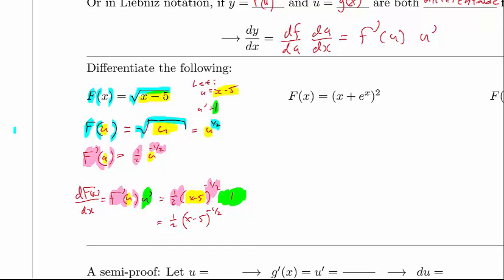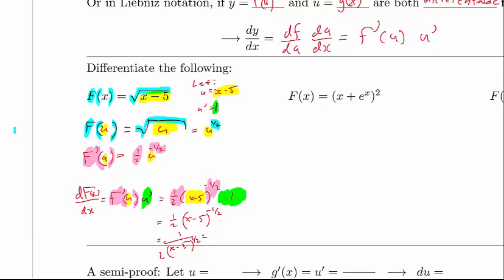Another way to write this, if you're so inclined, this is a perfectly acceptable way to leave it, by the way, but the negative exponent forces it into the bottom, and so you could write this as 1 over x minus 5 to the 1/2 power. Don't forget that 2 there.